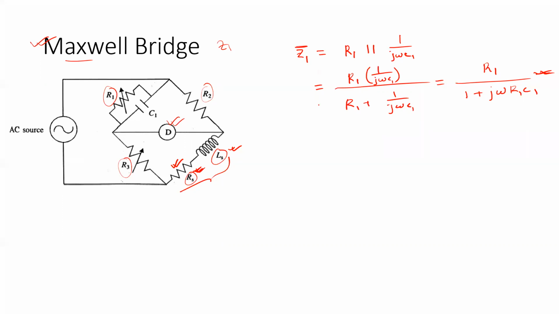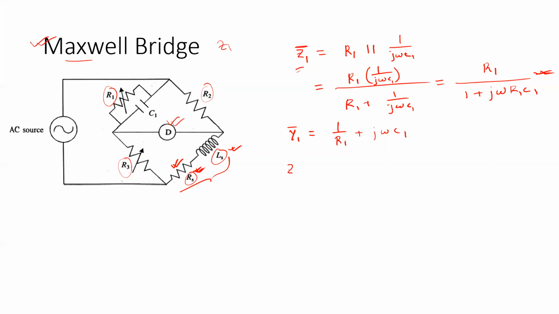So we can convert this Z1 into its equivalent admittance so that the simplification becomes easier. Taking the reciprocal of Z1, we will have 1 by R1 plus j omega C1.